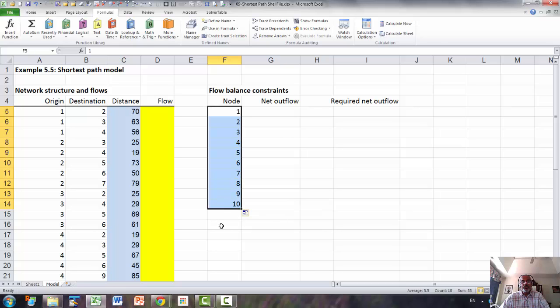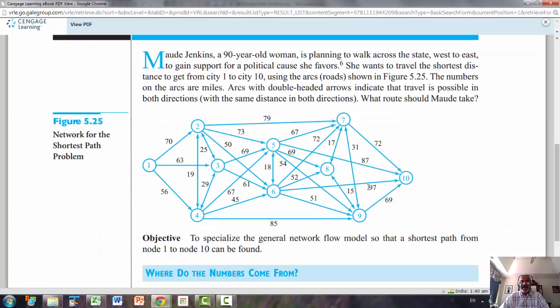Now what we're going to do is look at the net outflow. We're going to look at this as a transportation problem, except that the starting point will have a capacity of 1 and the final destination point has a demand of 1, and everything else in between is a transshipment point. So if you go there, then you have to get out of there, so the net flow will be 0. Here the net outflow is 1.